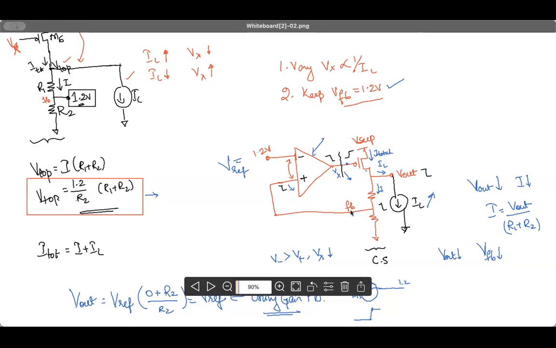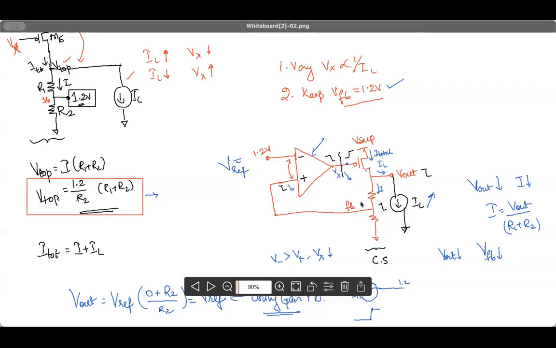So VREF and VFB will start to follow each other. So VREF increases, VFB also increases, but in this case, VREF is a constant voltage and VFB is also a constant voltage. And it may vary here and there, but in the steady state, for the DC operating point analysis, you can consider FB to be equal to VREF, which is 1.2 volt here.